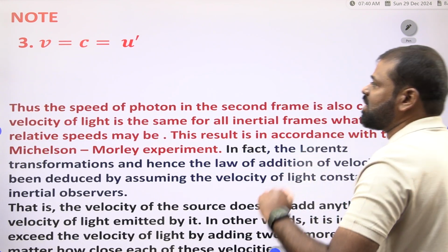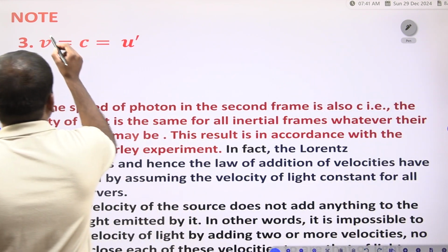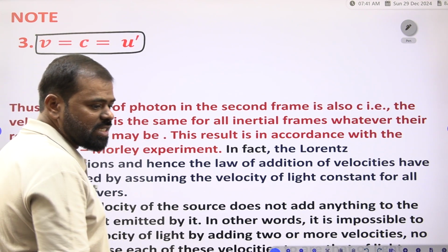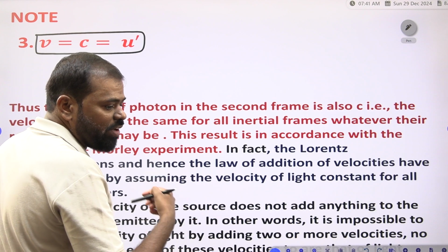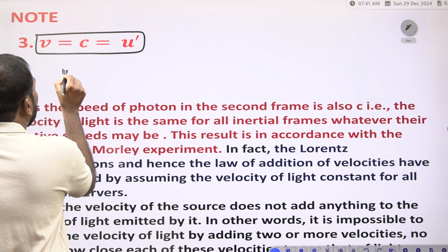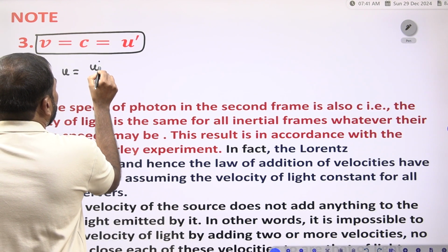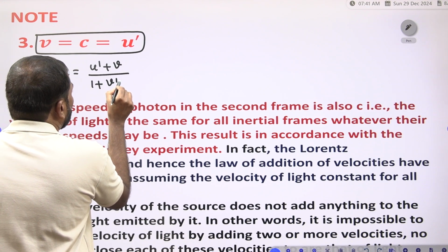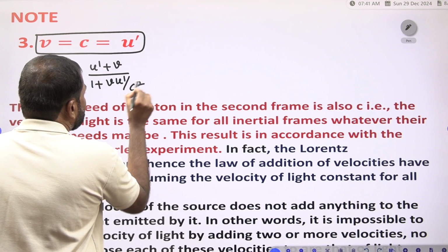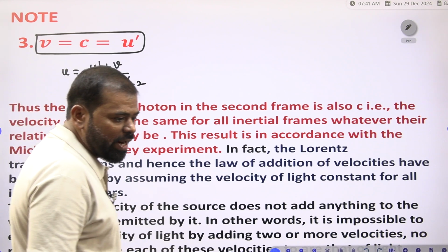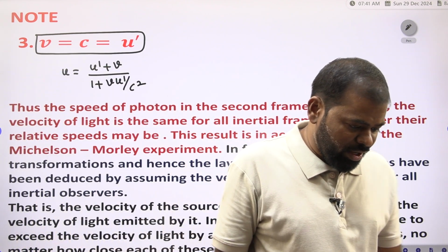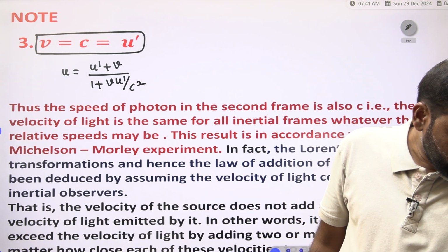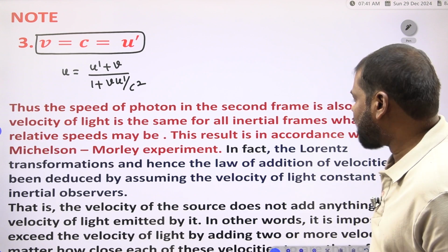One more important thing: if v is equal to c is equal to u dash, then u is equal to (u dash plus v) divided by (1 plus v u dash divided by c square).